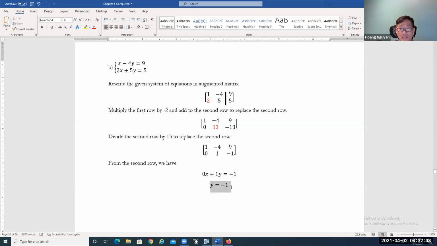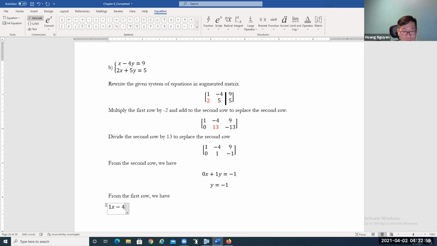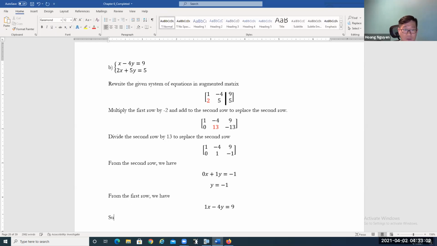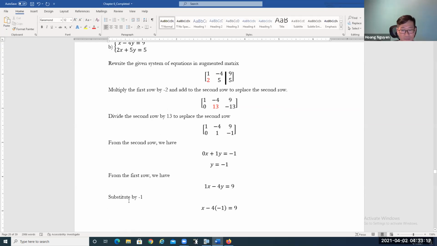Now, after we know y is equal to -1, we're going to substitute into the equation in the first row. From the first row, we have 1x minus 4y equal to 9. Substitute y by -1. So we have x minus 4 times -1 equal to 9.